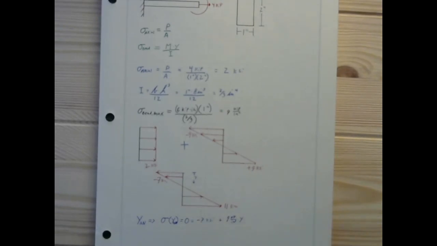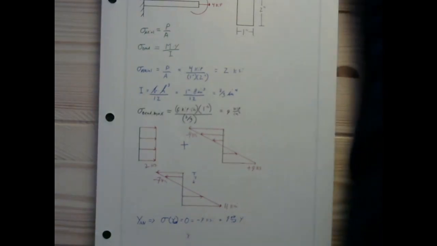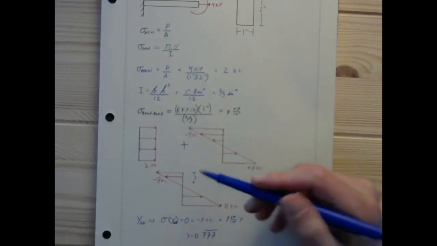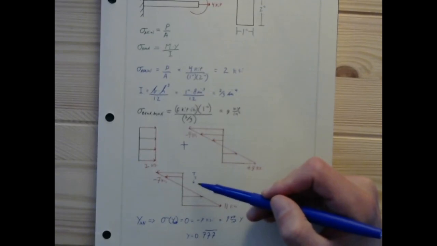And that will give us that y is equal to 0.777 repeating, and that's going to be inches down from there.